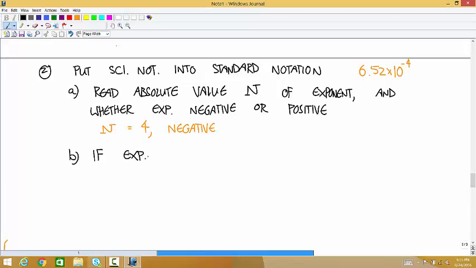If the exponent is positive, move the decimal point n places to the right.